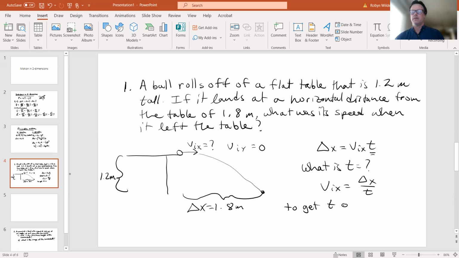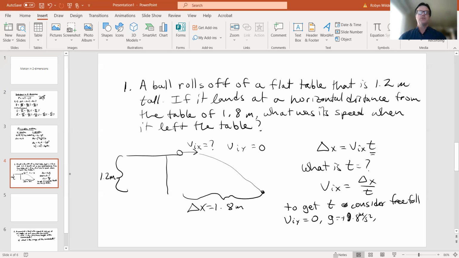And I'm going to consider free fall. So if I look at the free fall in the y direction, again, VIY is 0. I always know g. The y component of acceleration is -9.8 meters per second squared.